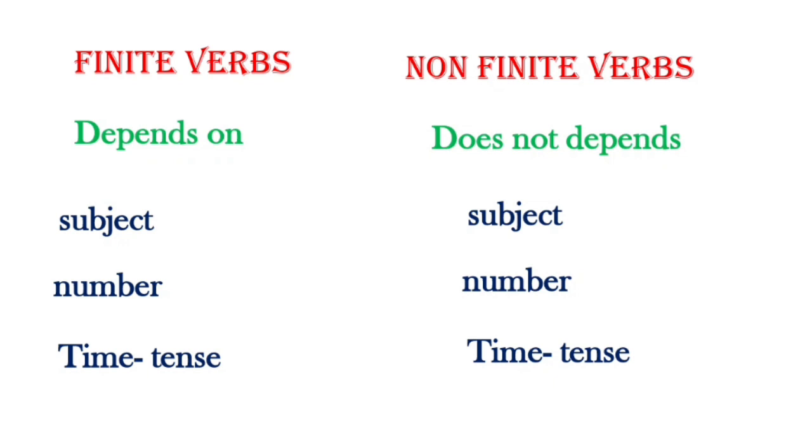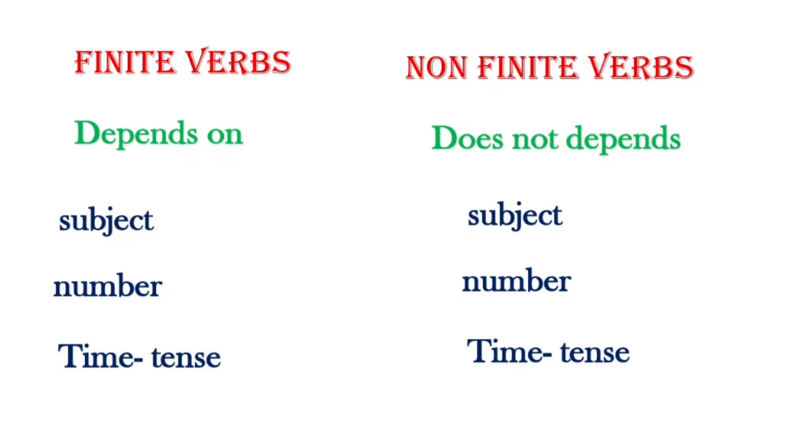That means if the subject is singular, we are using one verb, and if the subject is plural, we are using another verb in the place of the first one. Or if the sentence is in present tense, we are using one verb, and if it is past, we are using another verb. That is the finite.